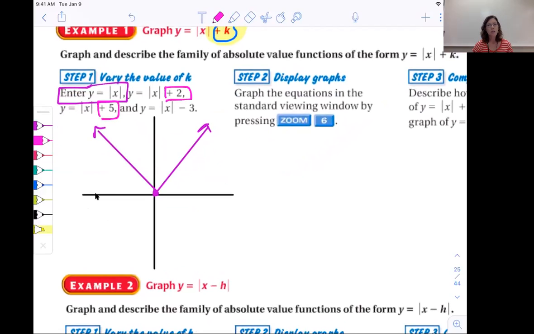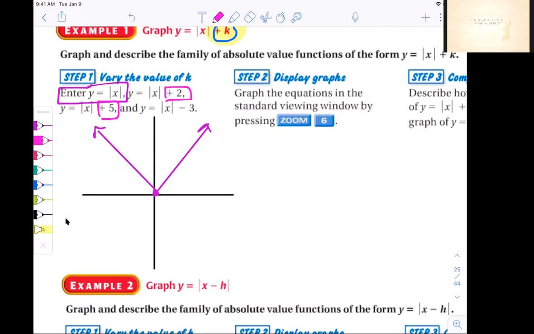So if I add a 2 or I add a 5, let's talk about that part first. Annabelle, do you know what happens to the graph if you add that plus 2 after the absolute value or the plus 5 after the absolute value? Like the point would increase on the y-axis. Yeah, I like that. The point increases on the y-axis.